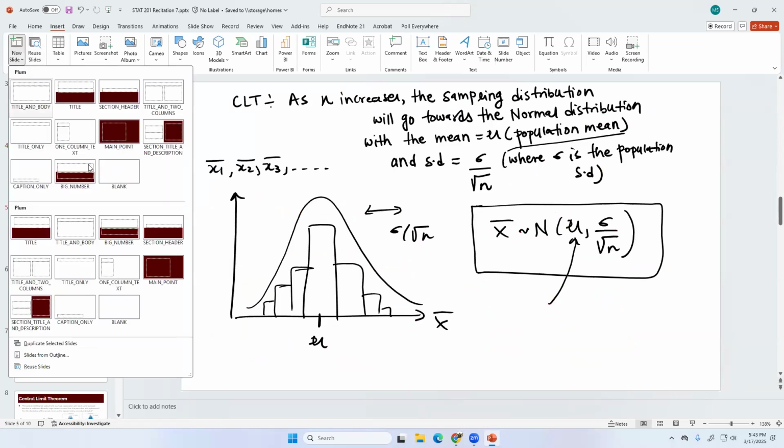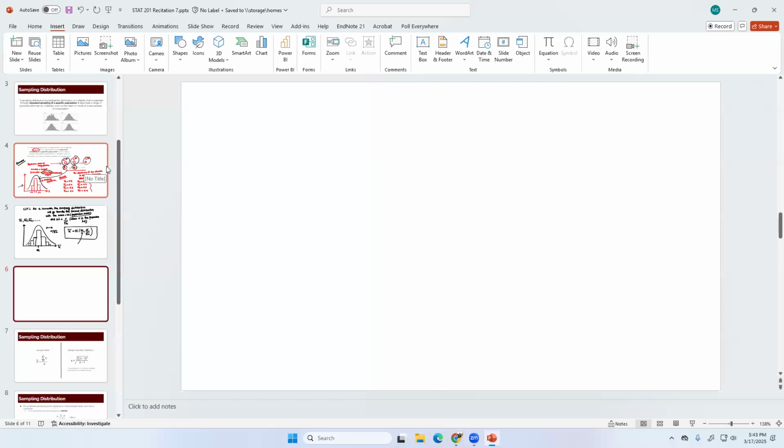Let me draw another slide to make it clear. So on the population side, what you have is your x, your random variable, which is the height of people at A&M, right? This is your random variable.